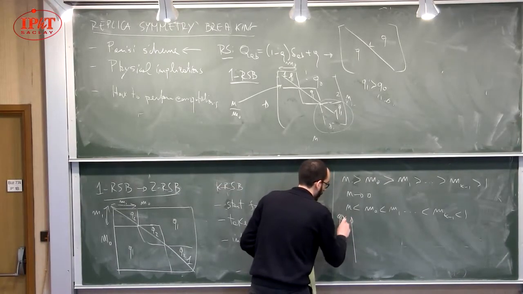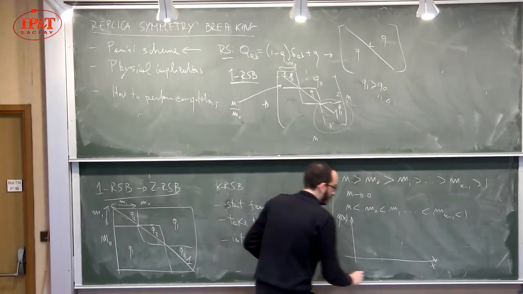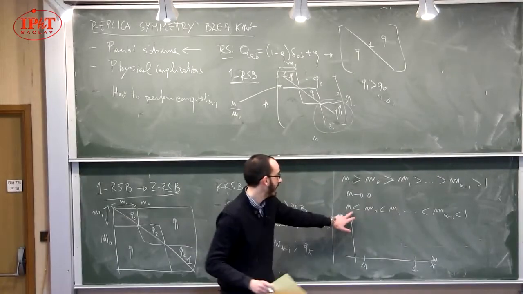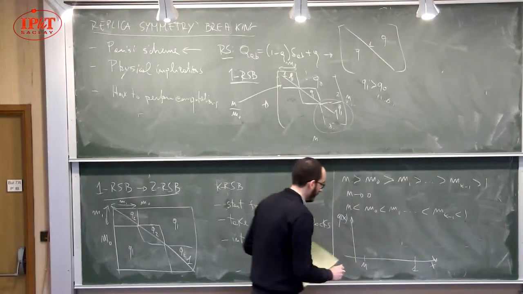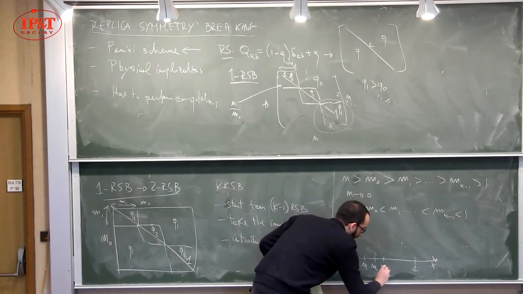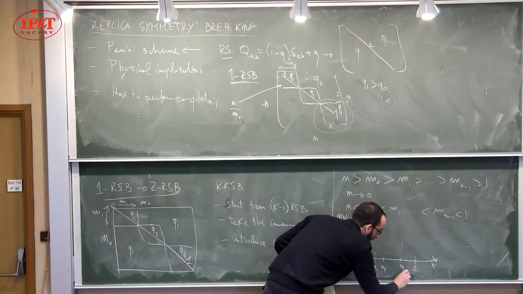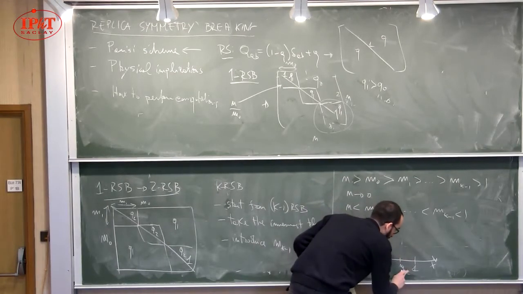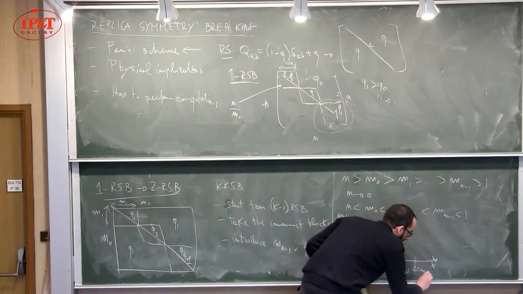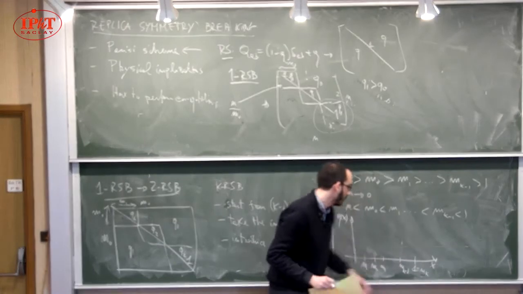So you have q(x), a function of x, where x goes from n to 1. Here I put m0, this is m1, this is m_{K-1}, and this 1 will be called also m_K. So I will use the notation in which m_K is equal to 1.